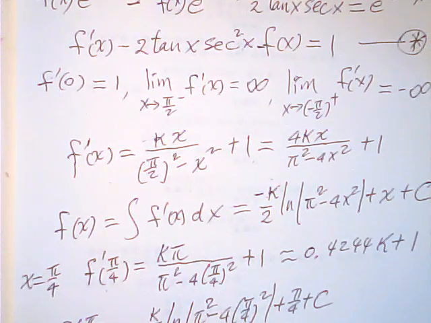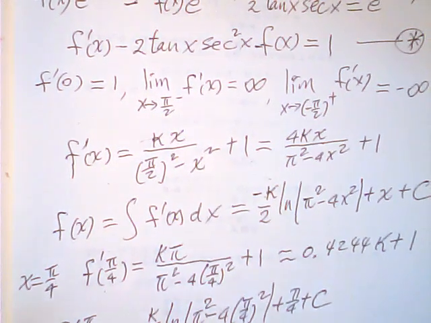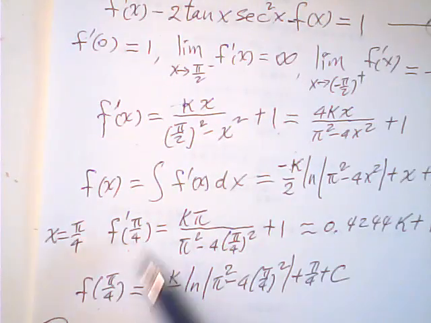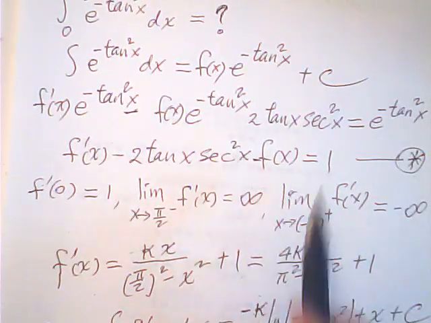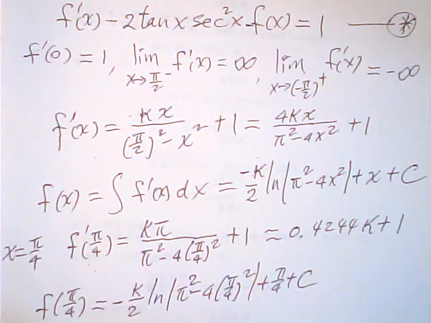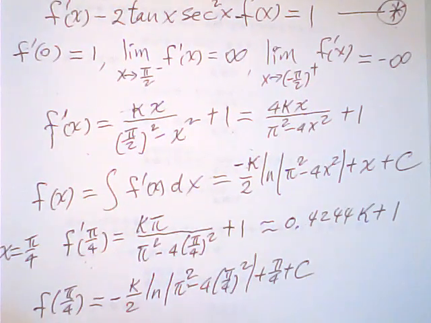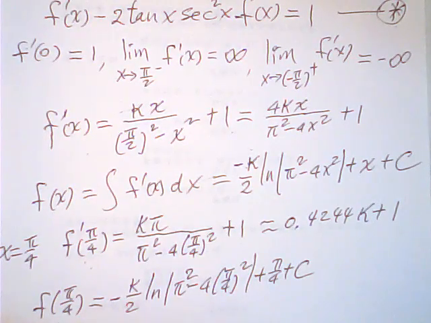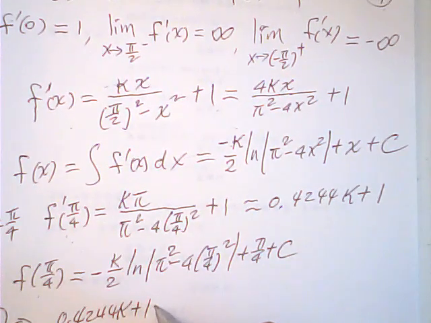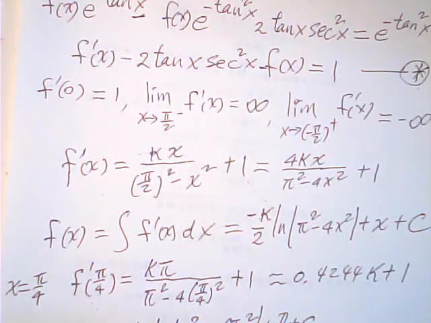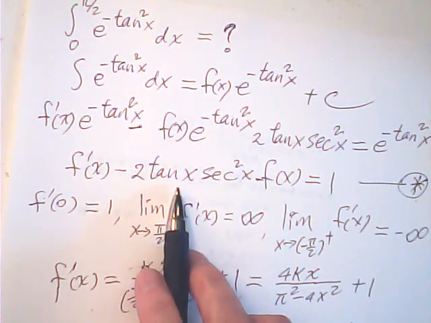Then my star equation, by plugging these two values into this star equation, I have 0.4244k plus 1, which is this one, minus 2 tangent x.